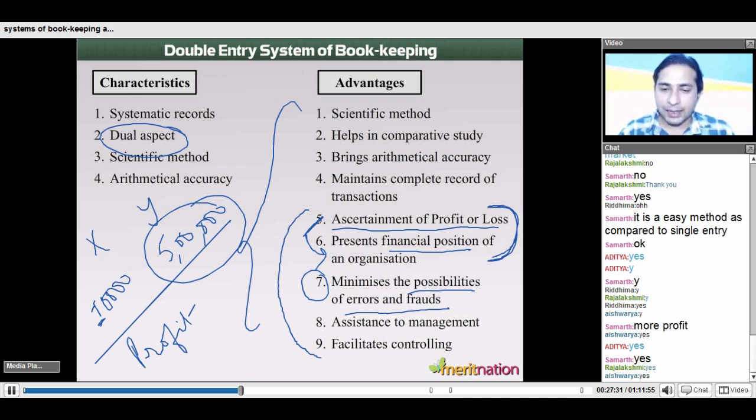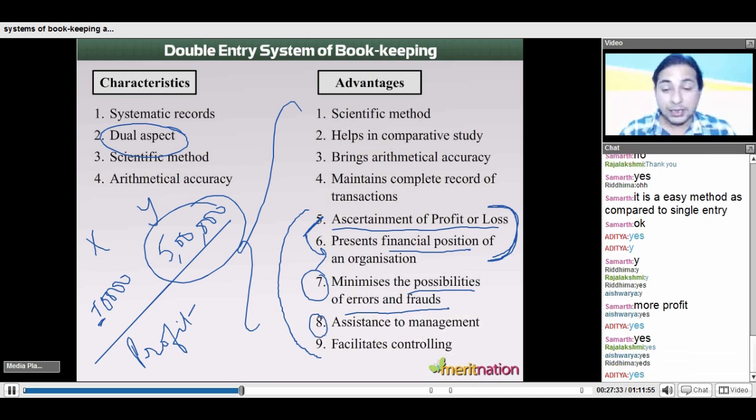Okay. Now let's look at the eighth one. Since again the complete record is maintained, management has a good insight of what is happening in the business, or in the firm. Even a single one penny, if we are incurring that expense, we are going to record it in the books, and management will be able to understand how much has been spent in raw materials, or in stocks or in cash.